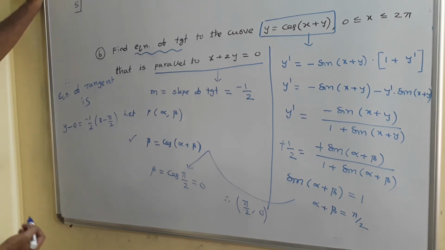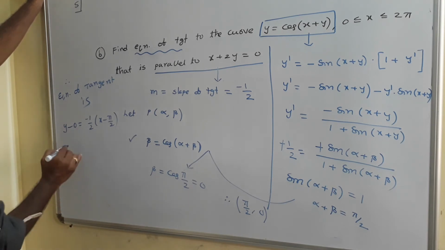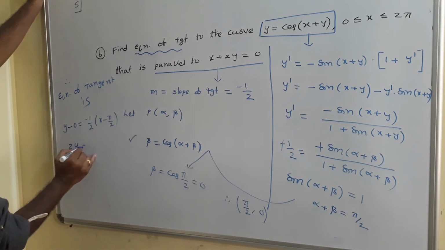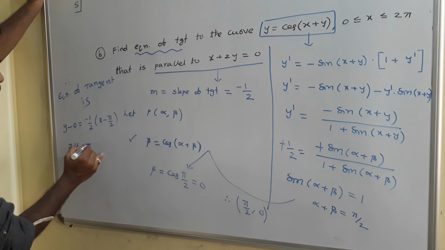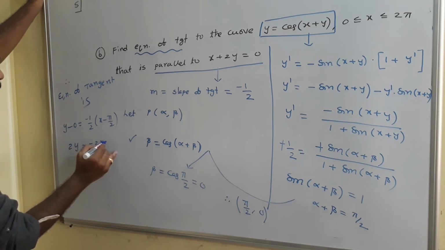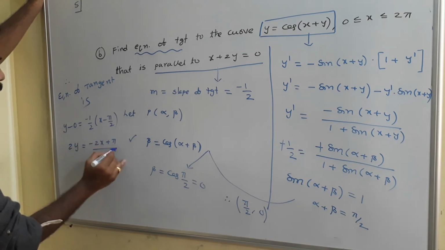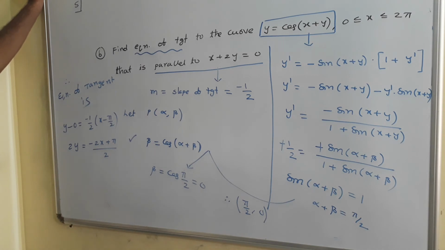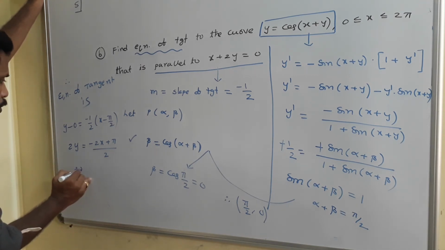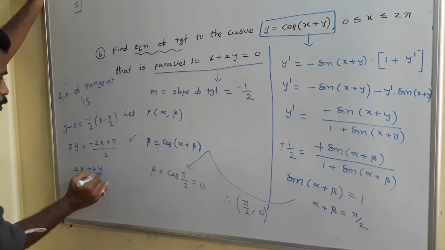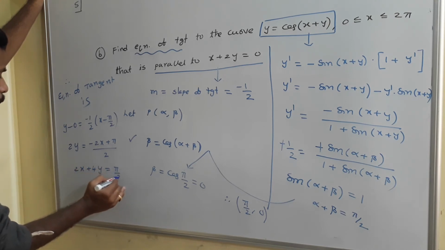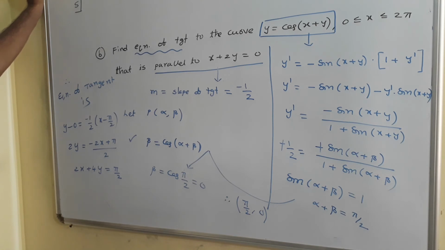So what will happen if we simplify? 2y is equal to, taking the LCM, minus 2x plus pi by 2. And if you simplify, 2x plus 4y is equal to pi by 2, or x plus 2y is equal to pi by 4.